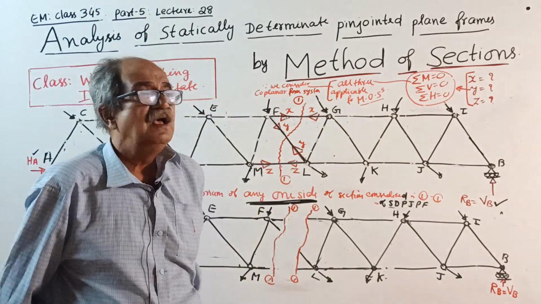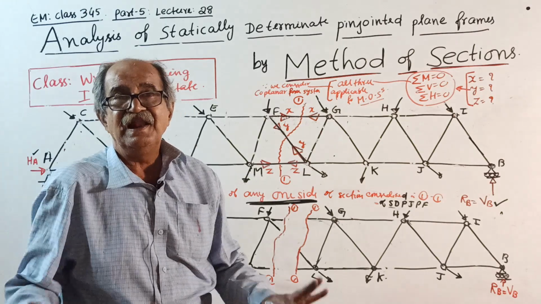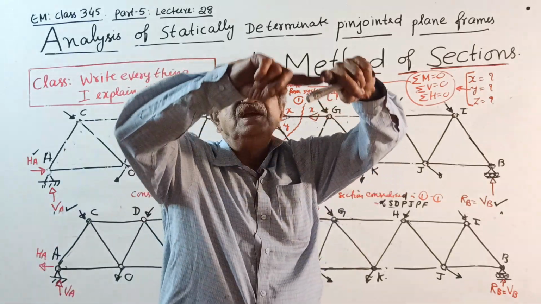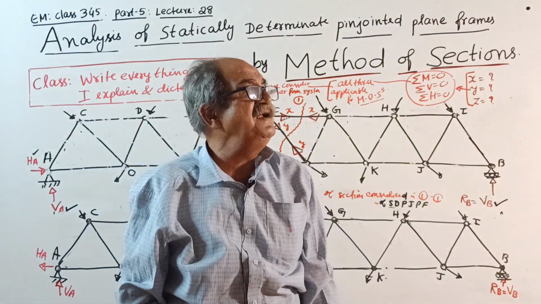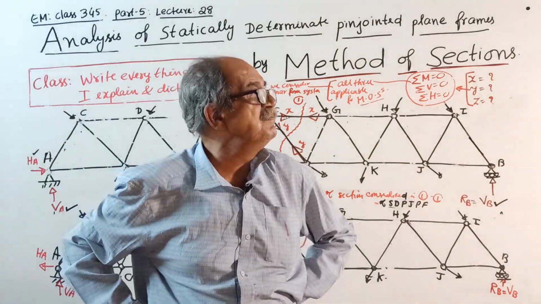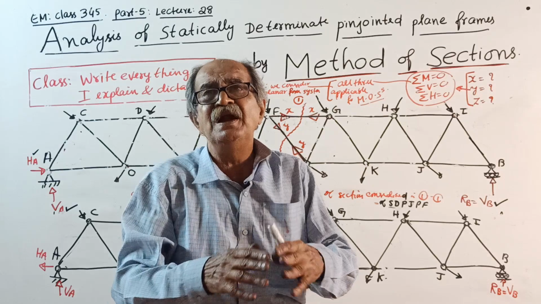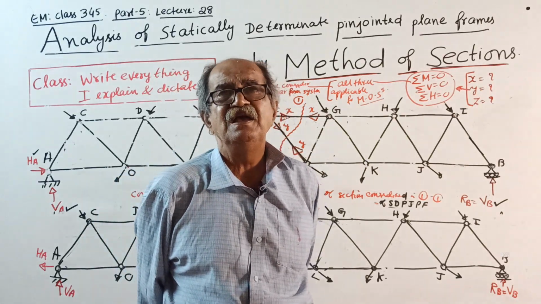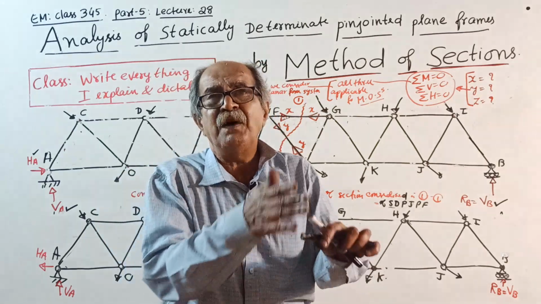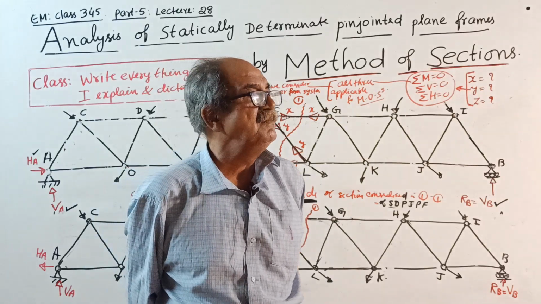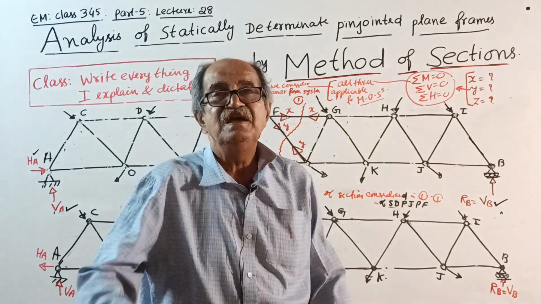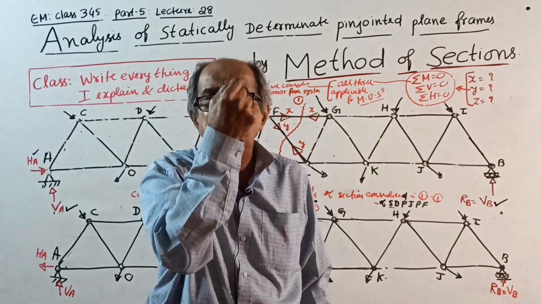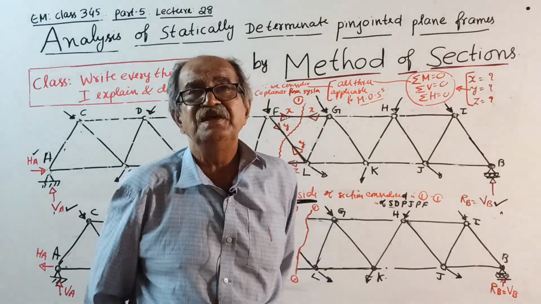One doubt comes. Sir, how can you consider? Remember, there is a rule in structural engineering. The entire frame is in equilibrium, the entire building is in equilibrium. Part of the building is also in equilibrium. Each and every member is in equilibrium. Even a part of a member is in equilibrium. For that matter, each and every point in the structure is in equilibrium.